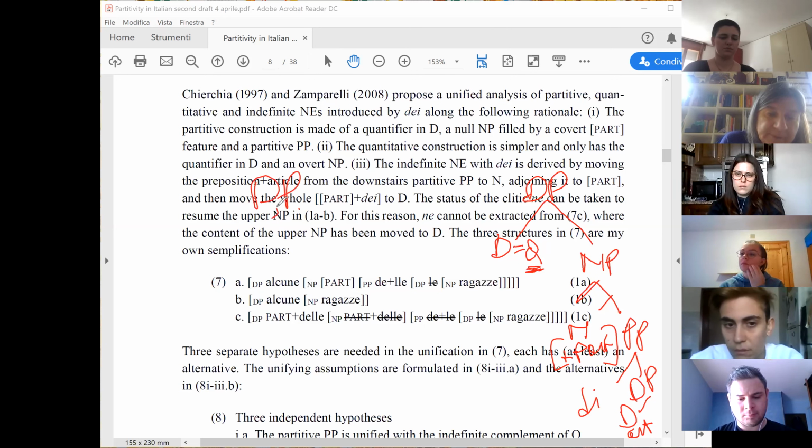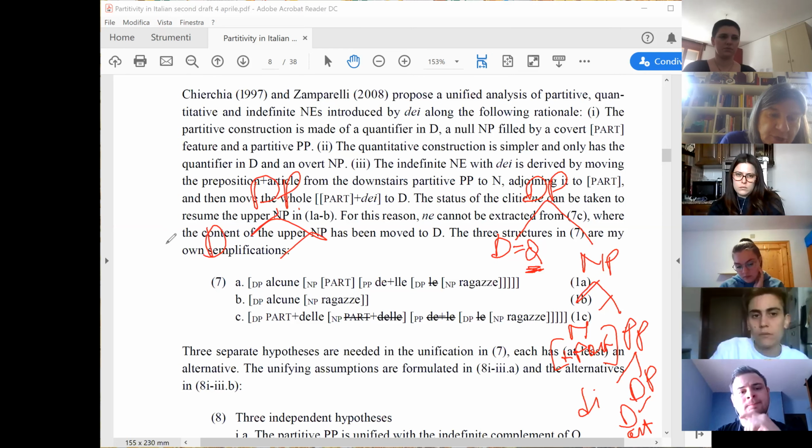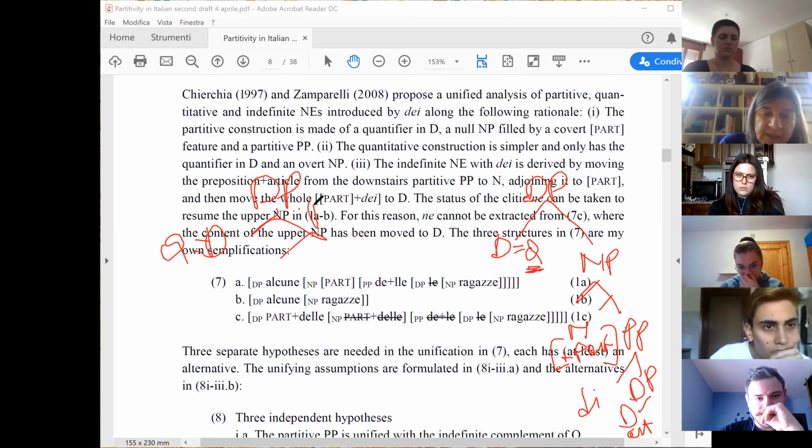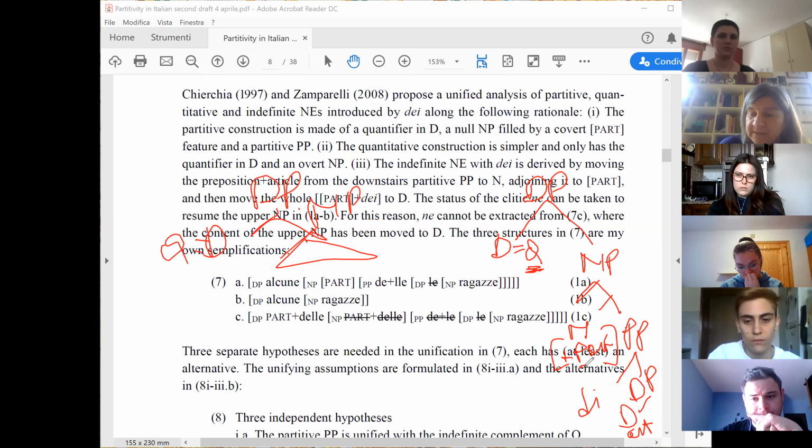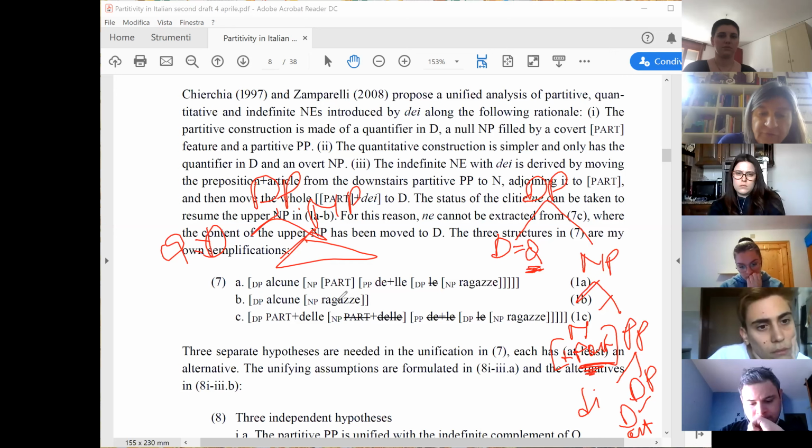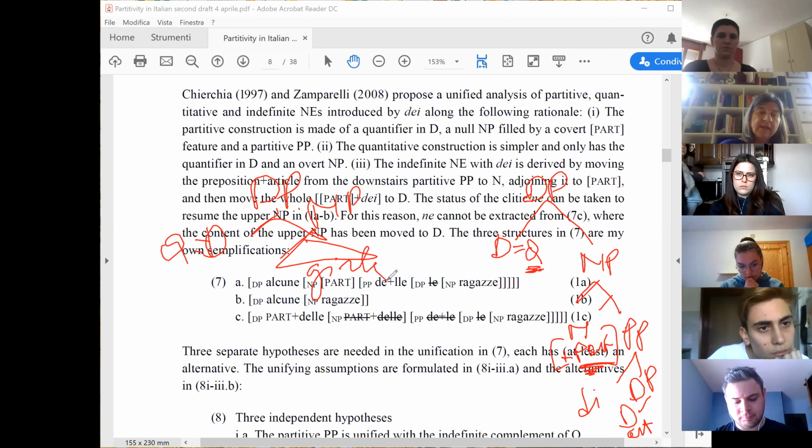So it has a DP, with a Q in D, okay? And then it has this NP, but this NP is not the silent partitive, the silent part, but is the overt noun phrase, girls, ragazze. Okay, so this is 7b, and this is 7a.